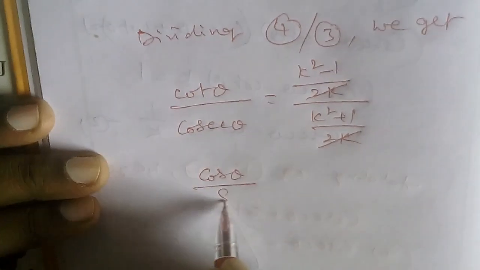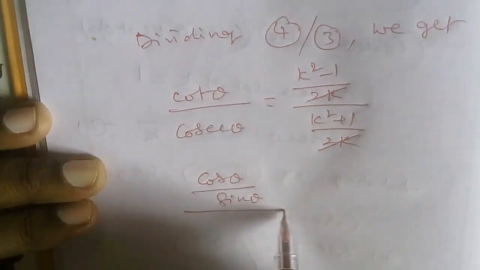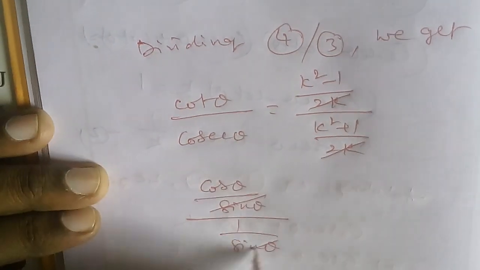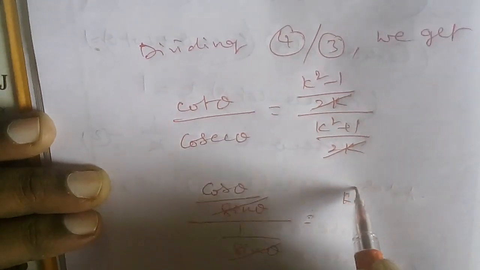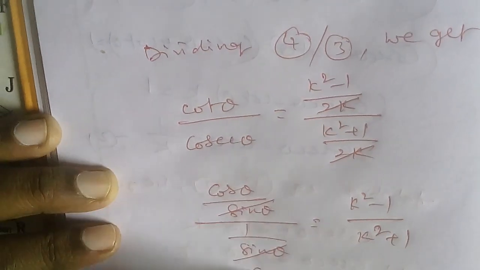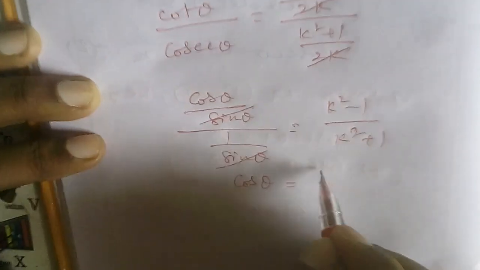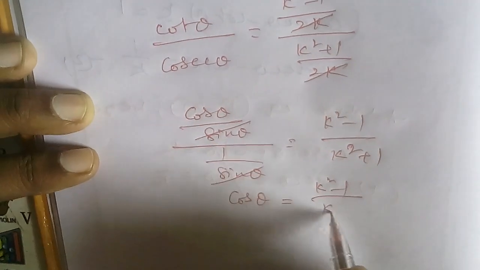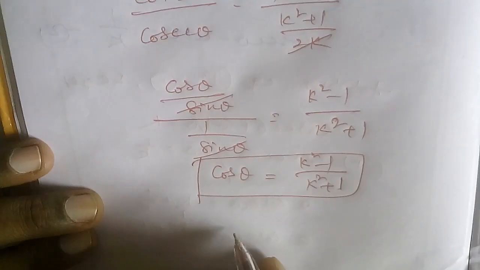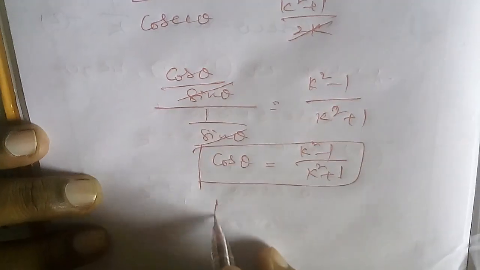Cot theta means cos theta by sin theta. Cosec theta means 1 by sin theta. Here the denominator sin theta cancels. So cos theta by 1 is cos theta, equal to k square minus 1 by k square plus 1, which is required. Hence proved.